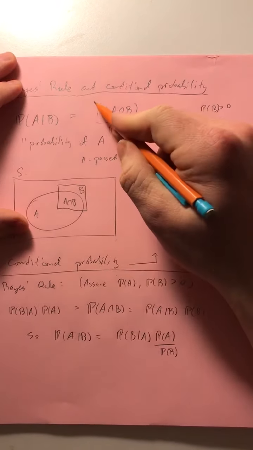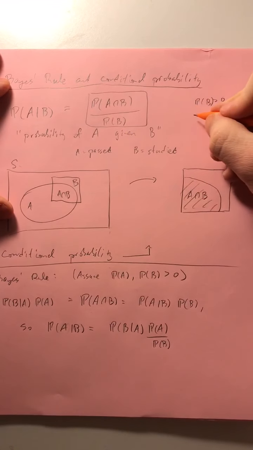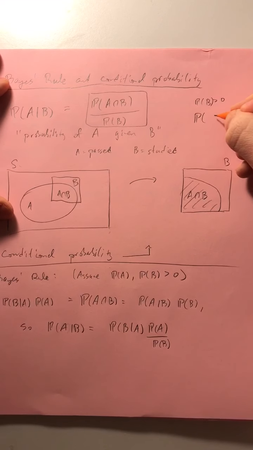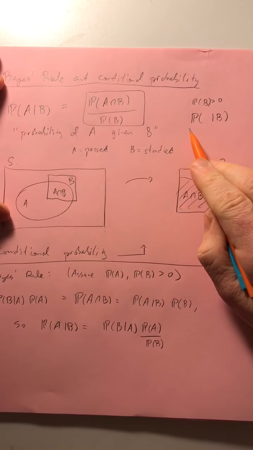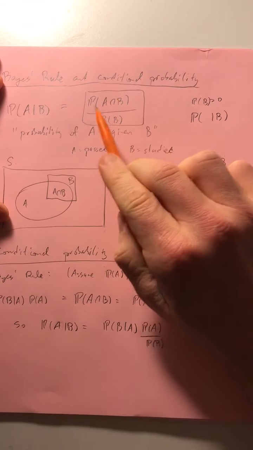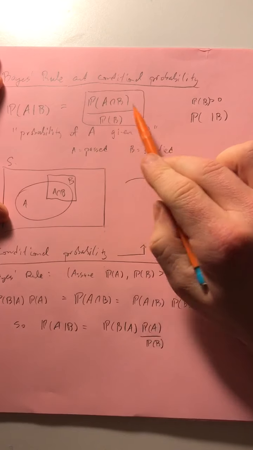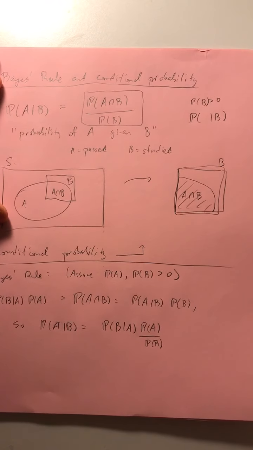Now I can define this new thing. I think of this as a new probability, and I put events in here, and the definition is this. And then you can confirm that it defines a probability on this sample space.